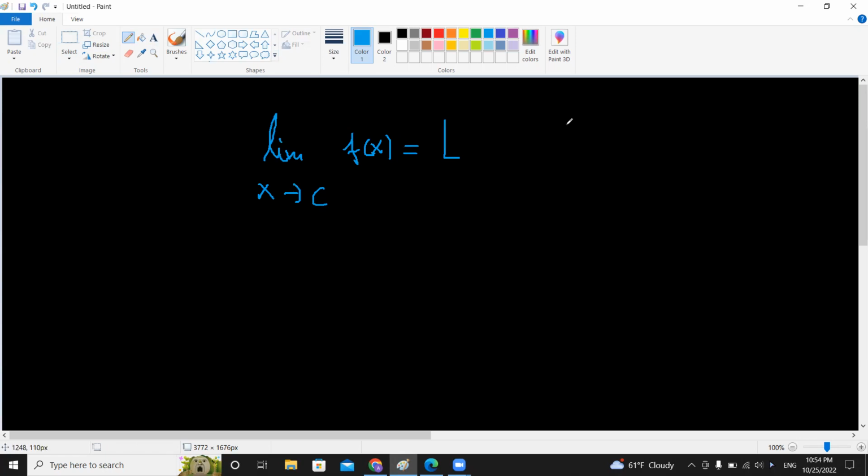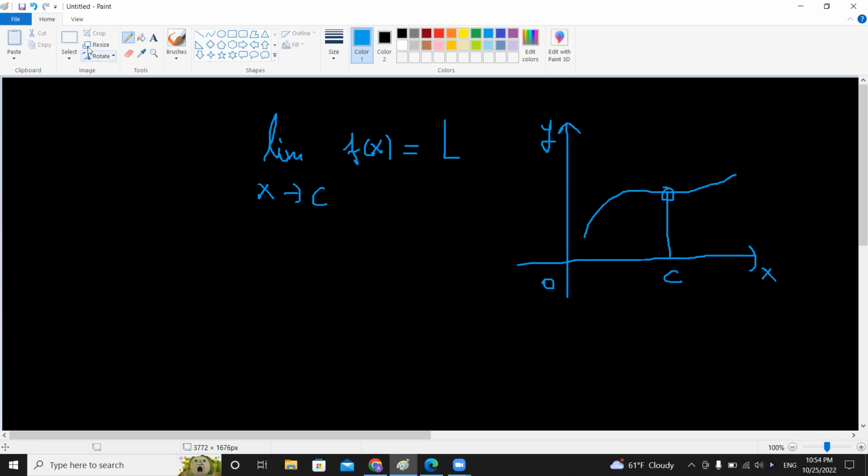If we draw some graph and try to remember what we had in our previous video, we said that regardless of whether the point c is included in the domain, it can be included or it can be an empty point here.